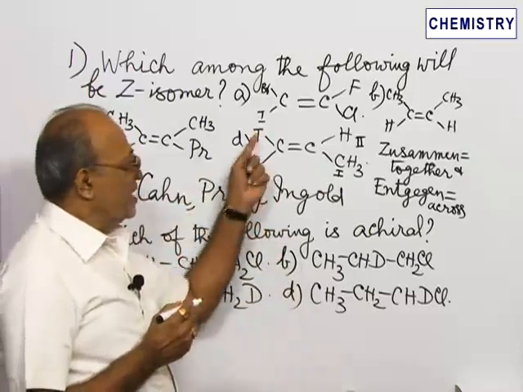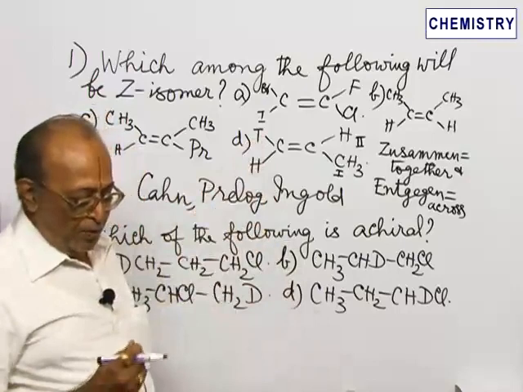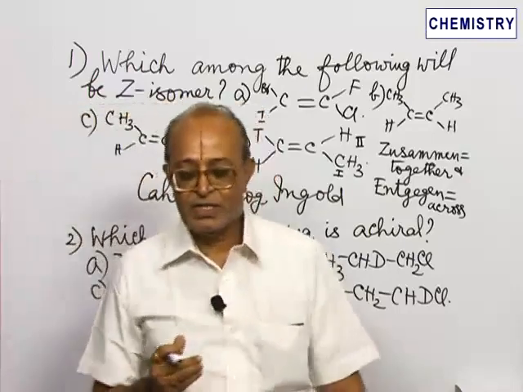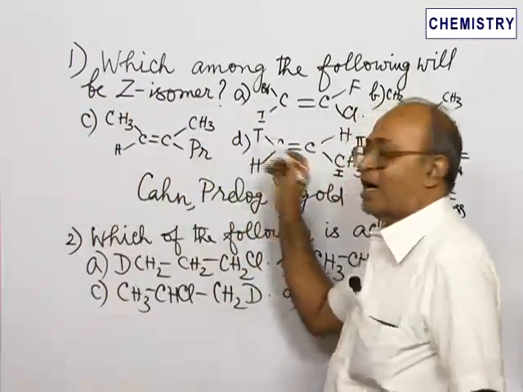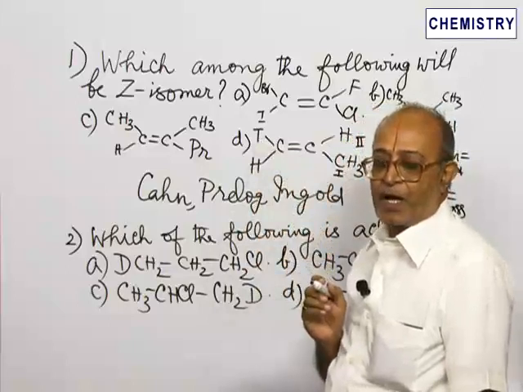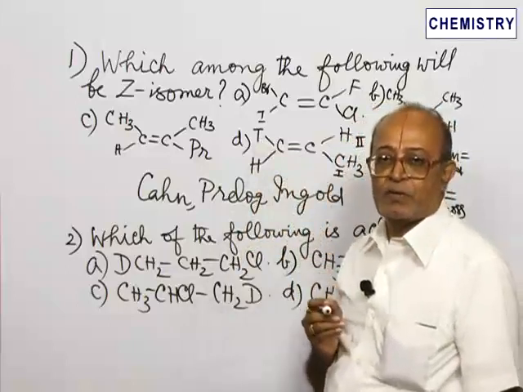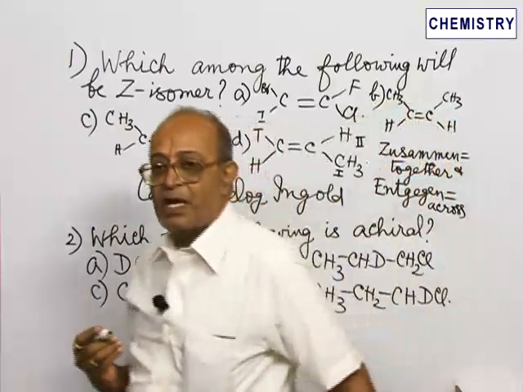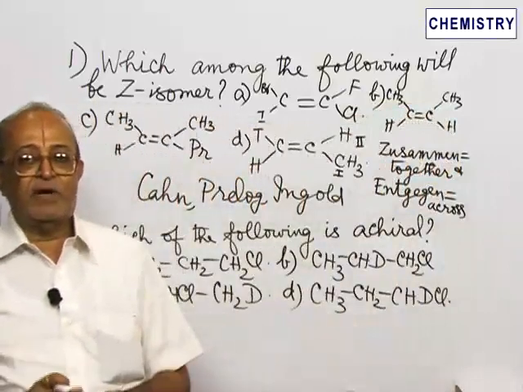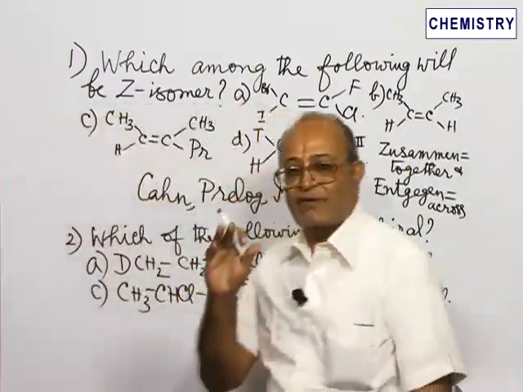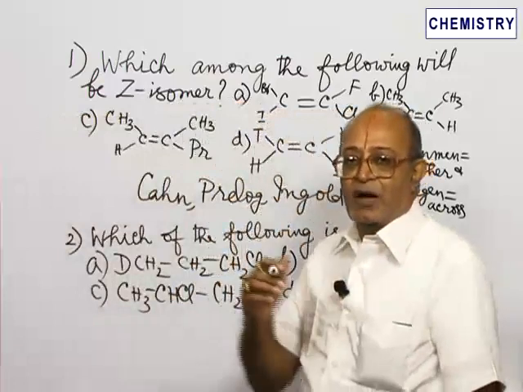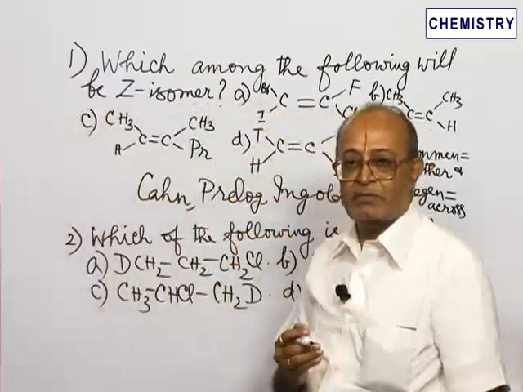Again, here there is a small problem in the sense, one is hydrogen, another is tritium, but both are isotopes. Isotopes means atoms of the same element, that means atoms having the same atomic number but different mass number.